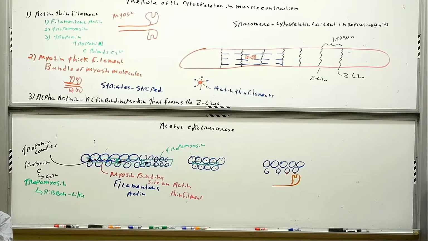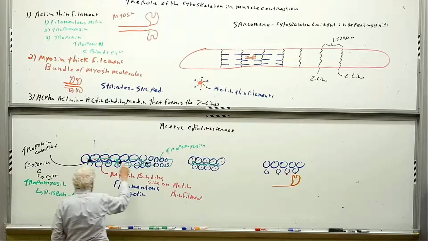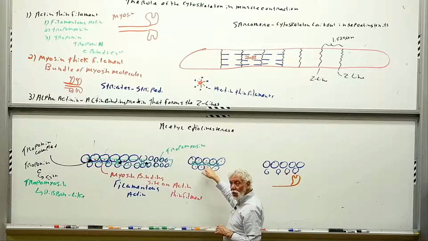The way the site's opened is that the tropomyosin has a favored position on the actin thin filament. And the favored position, when it's not interacting with the troponin C, is to be tucked down into the fold between these actins.